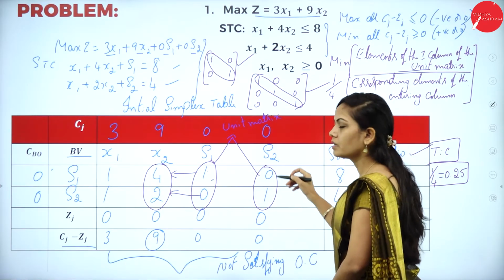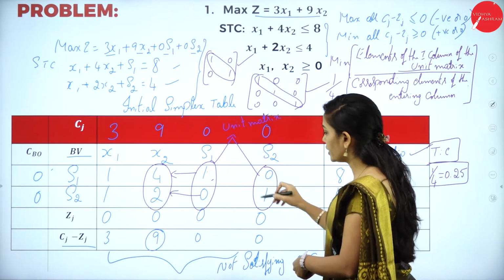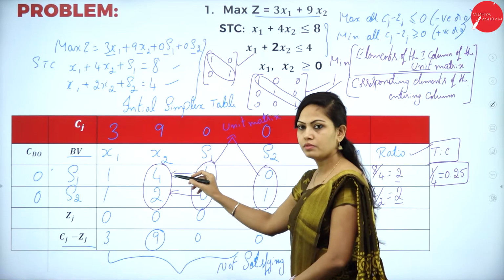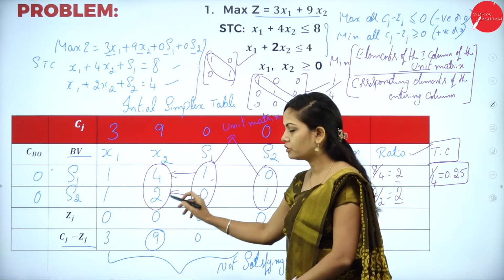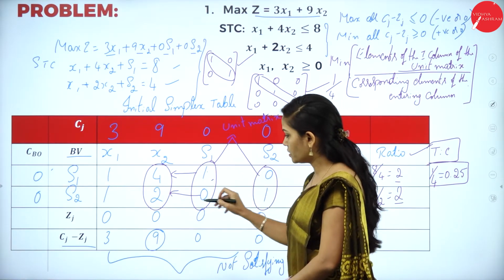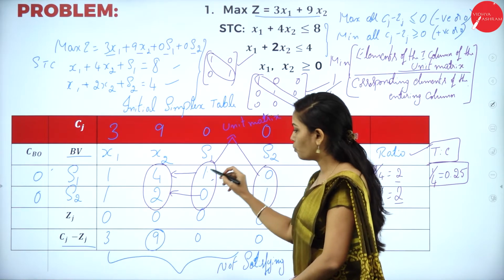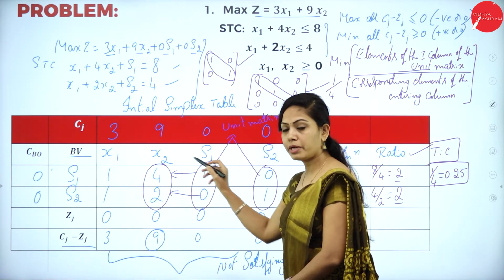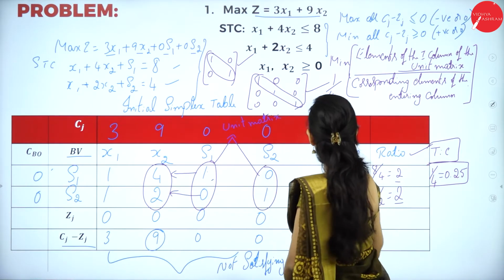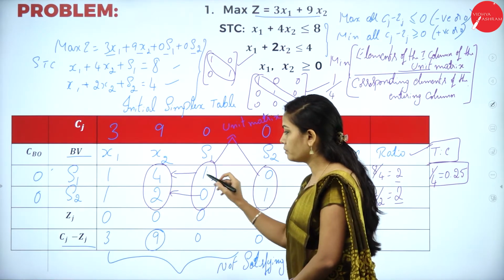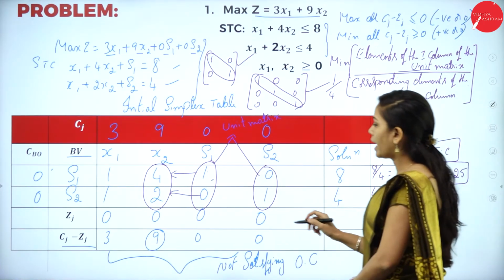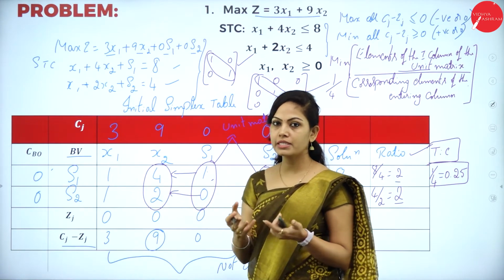And the second column, that means the second unit matrix, 0 divided by 4 and 1 divided by 2. I will repeat, first unit matrix, second unit matrix, 1 divided by 4, 0 divided by 2. 1 by 4 is 0.25. 1 by 4 means 0.25, I have written in the ratio column, and 0 by 2, no need to write, it is 0 only.